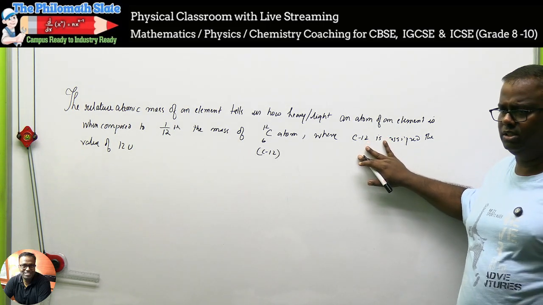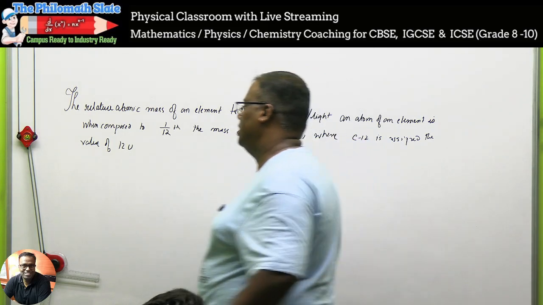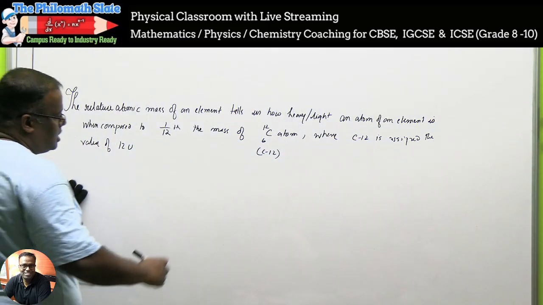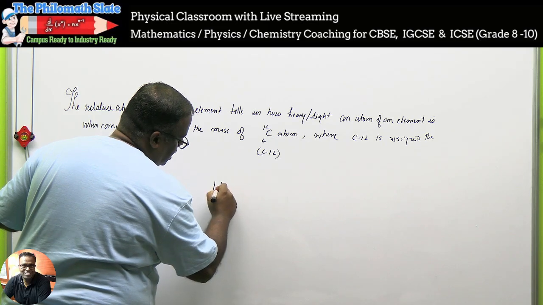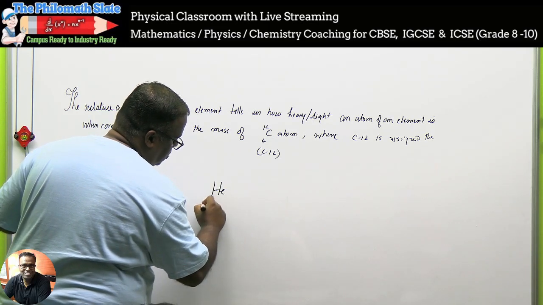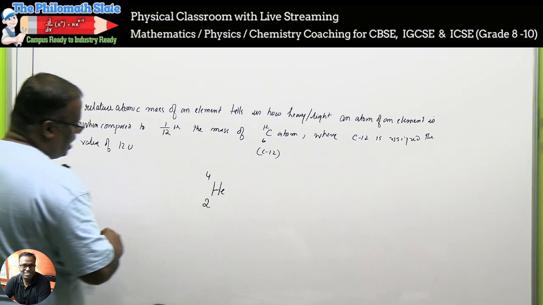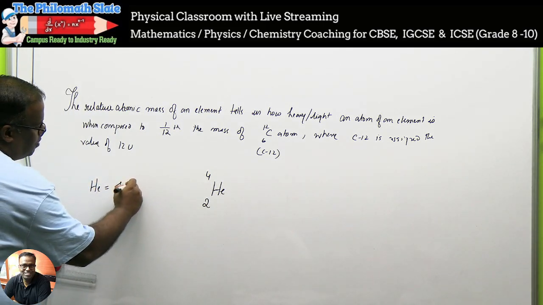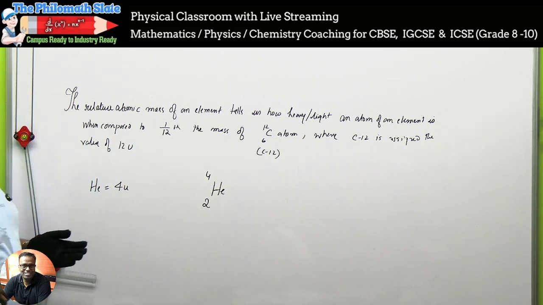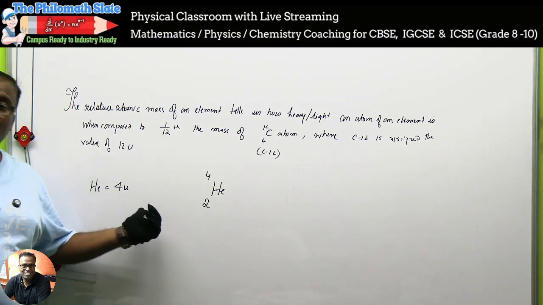Let's see an example. Let's take an example of helium. If you see in the periodic table, it will be written as 2 and 4. As of now you don't know, but let's assume helium's relative atomic mass is 4U. What is the relative atomic mass of helium? 4U.